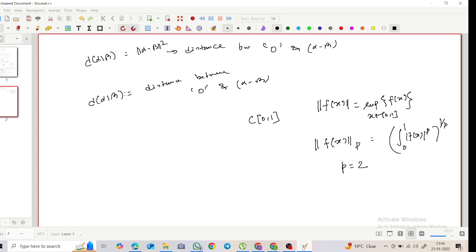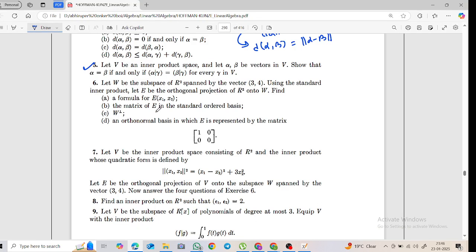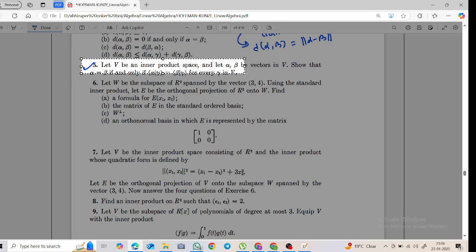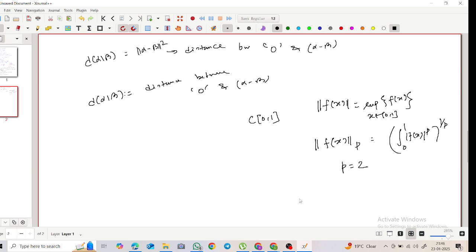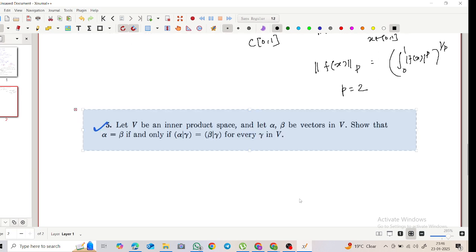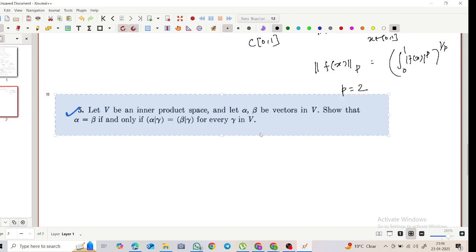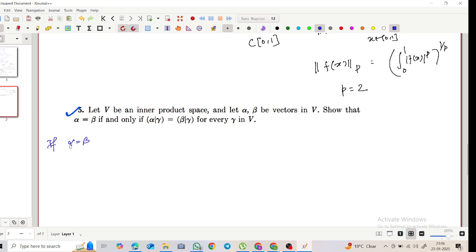Okay. See, this is clear, right? If alpha equals beta, then of course alpha minus beta is basically 0.